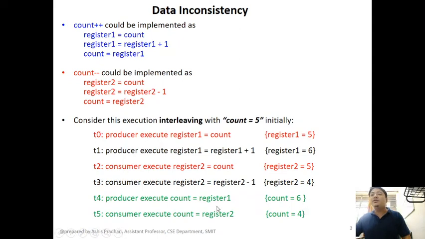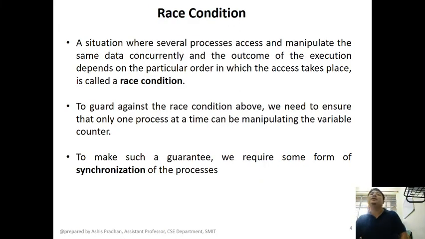In this example, the final value of count will be 4. The programmer might be expecting 6 but got 4, which will be a surprise. So this is a kind of data inconsistency problem, and the situation where the outcome of the execution depends on the particular order in which the access takes place is called a race condition.